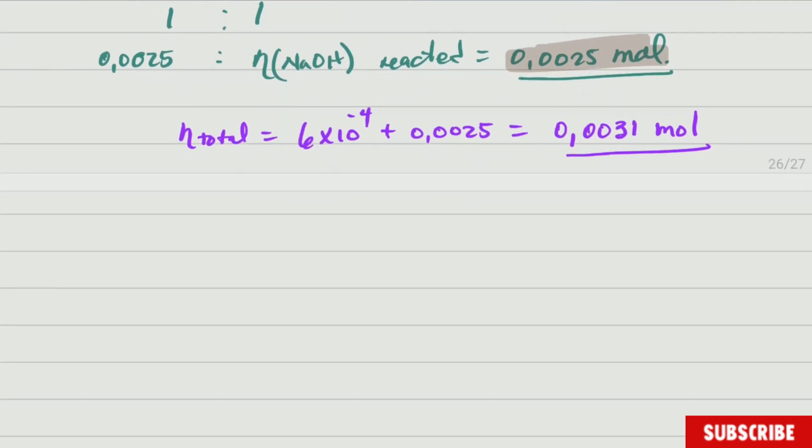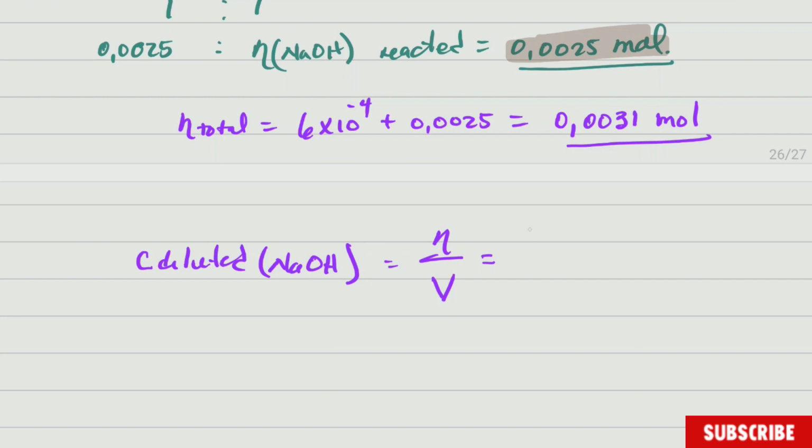The total amount. So now from here, we can calculate the concentration of the dilute sodium hydroxide, NaOH. This is the concentration of the amount they added in this reaction, and this one is equal to number of mole divided by the volume.